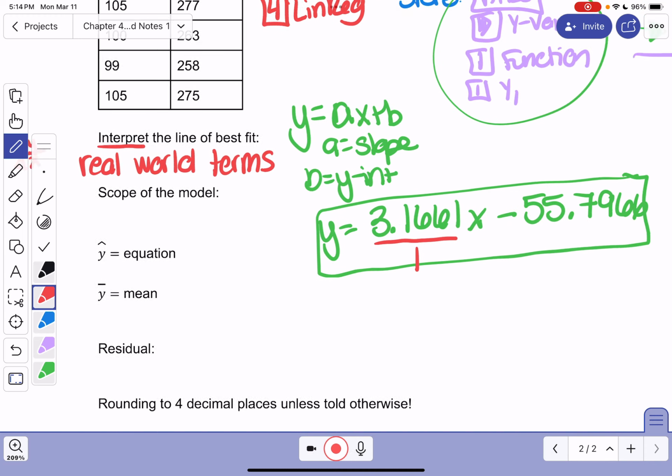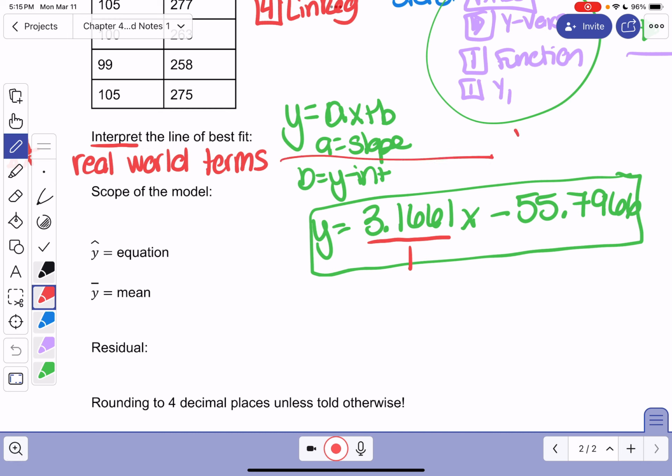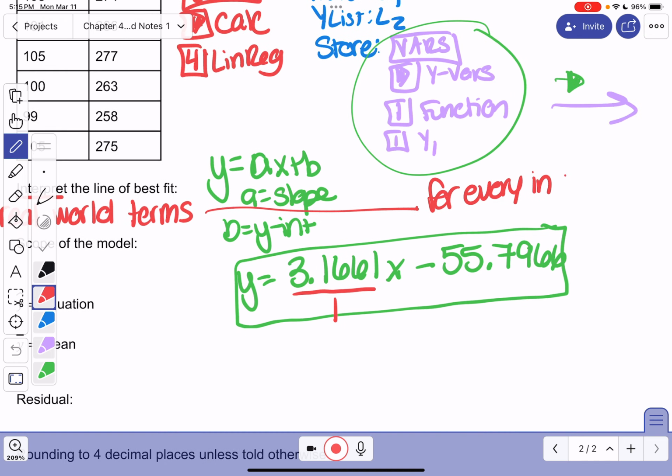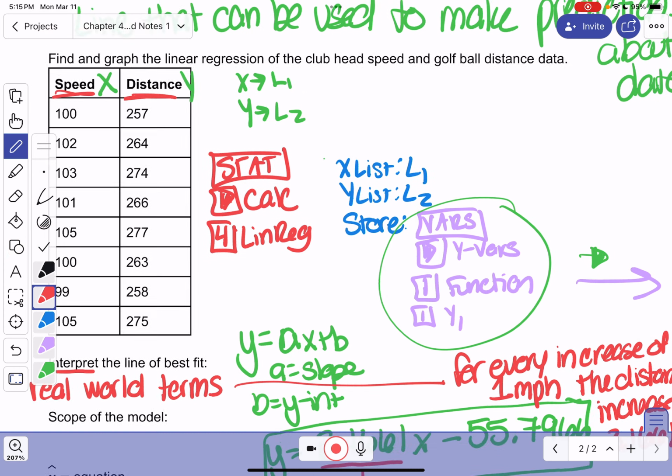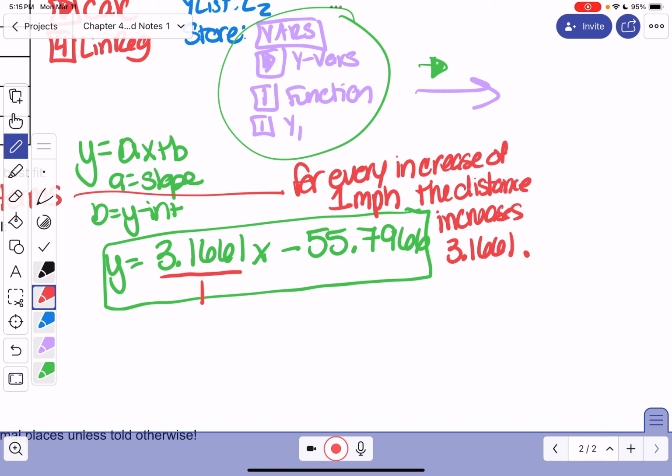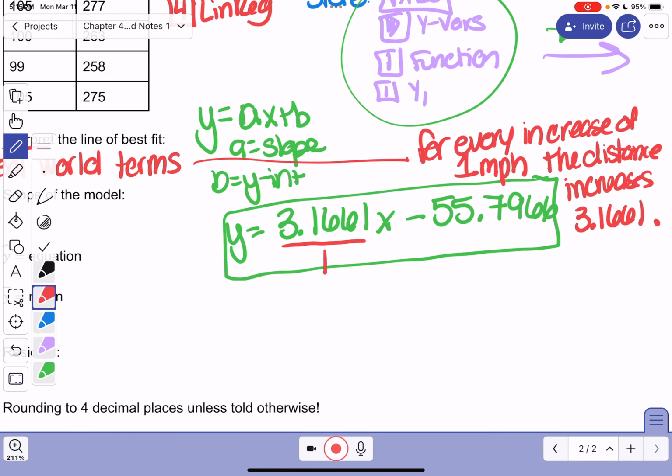So for every increase of 1 mile per hour, or whatever that speed was, that's the 1, the distance increases 3.1661 feet or miles or whatever that measurement was in the first one. So you're just taking those numbers and adding the words for this context to tell you what it means.